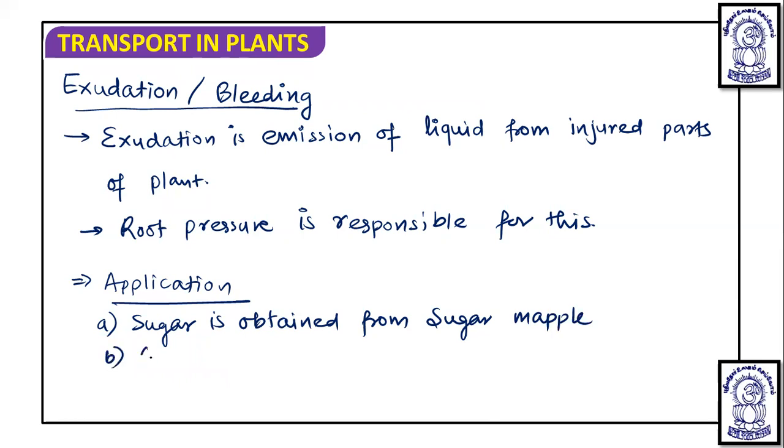The second thing, the opium, which we also call latex, is obtained from the poppy or opium plant, and that is due to exudation.